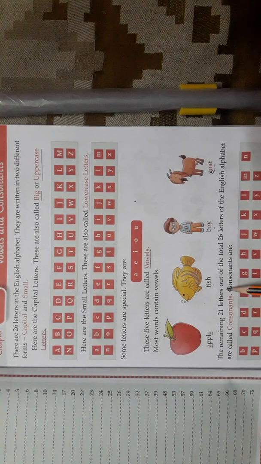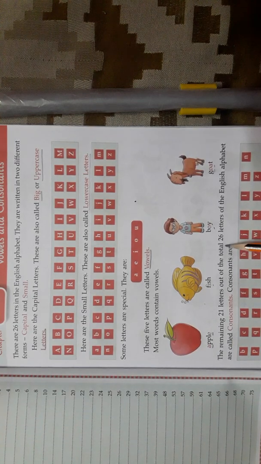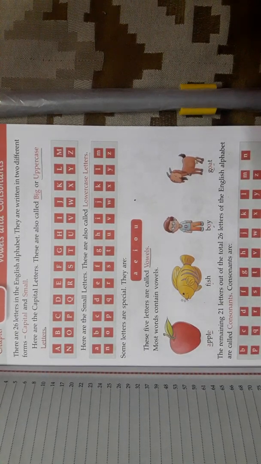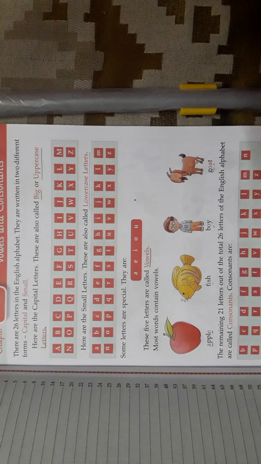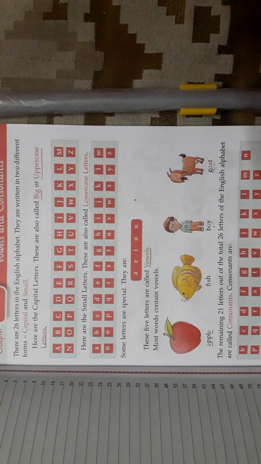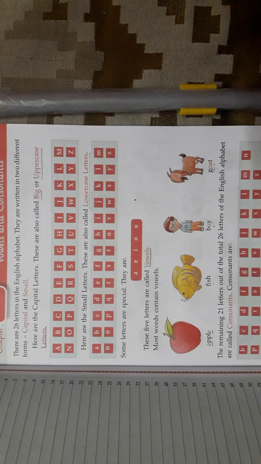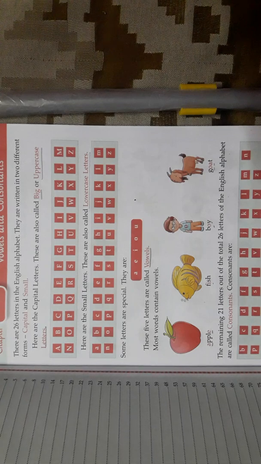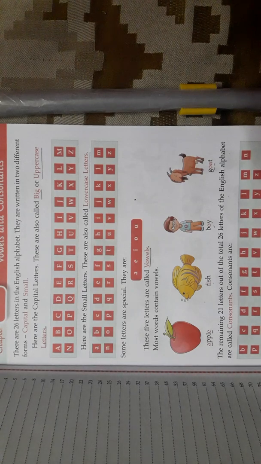The remaining 21 letters out of the total 26 letters of the English alphabet are called consonants. What are consonants? The remaining alphabets. We have 26 letters in our English alphabet. We have 5 vowels. How many remaining do we have? We have the remaining 21. What are those 21?